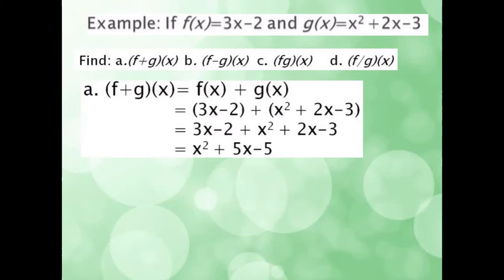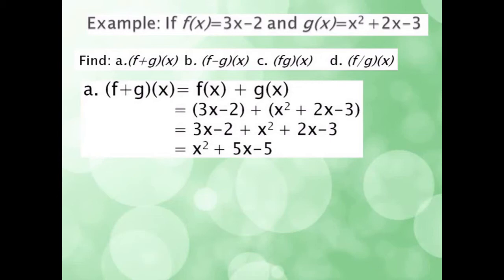That is the g(x). By regrouping, that becomes x squared plus, so you know that 3x plus 2x is 5x. Then negative 2 minus 3 is negative 5. So that becomes x squared plus 5x minus 5.